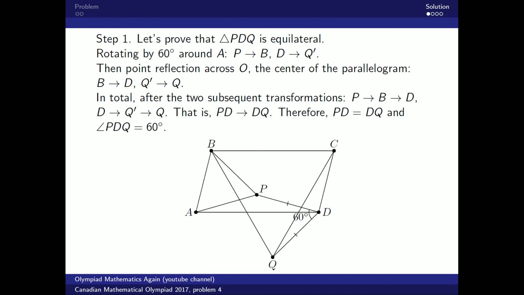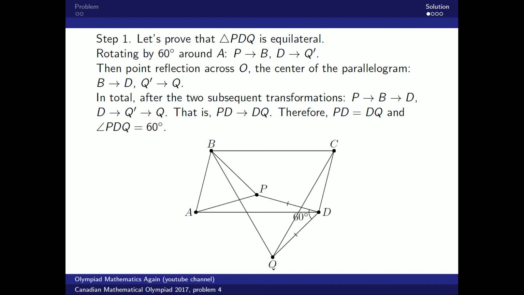But we can also establish the angle between these two lines, line PD and line DQ, because first we rotated by 60 degrees and then we made a point reflection.